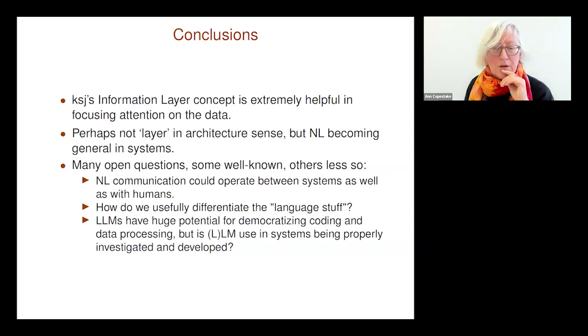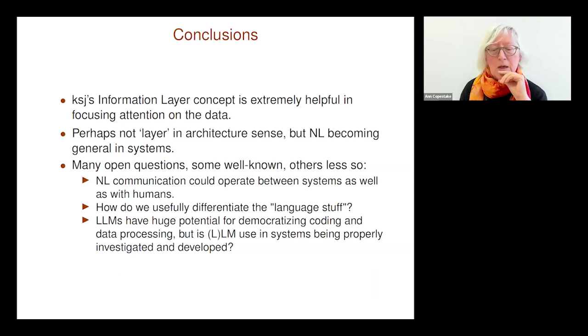Right, so I reckon that's about it. Thinking back now on where this led me, I think that Karen's information layer concept was very, very helpful in making sure I keep focused on the data, not on the current models. I don't think it's a layer in the architecture sense, but this idea of natural language becoming general in systems is where we're going to be going, and I think it's very important.